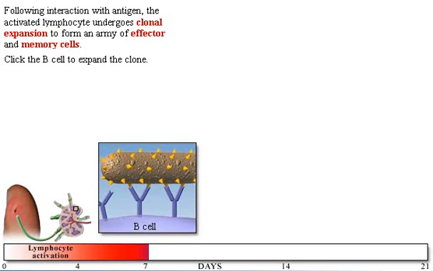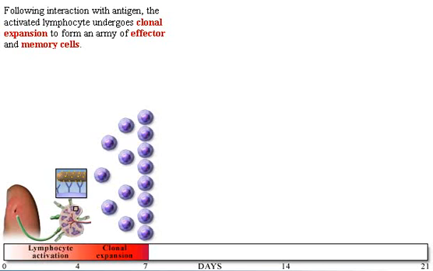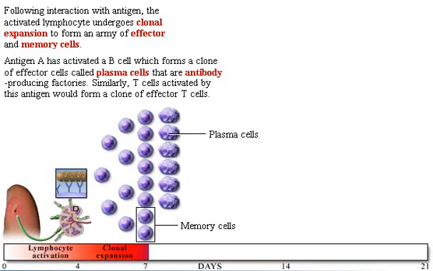Click the B cell to expand the clone. In this case, antigen A has activated a B cell, which forms a clone of effector cells called plasma cells. Plasma cells will secrete antibodies that bind and promote clearance of the antigen. Similarly, T cells activated by this antigen would form a clone of effector T cells.